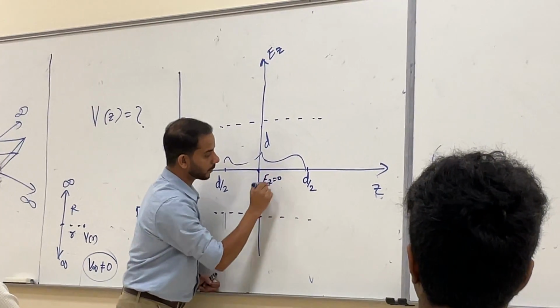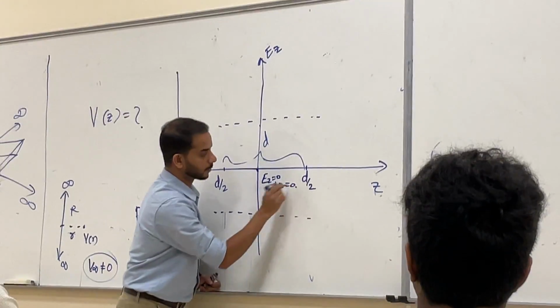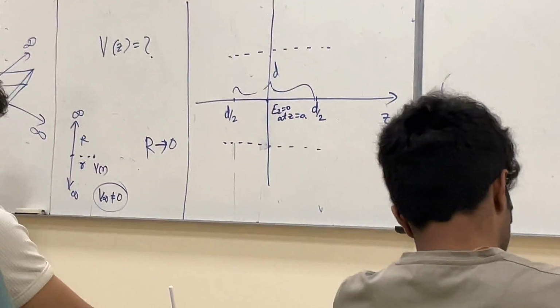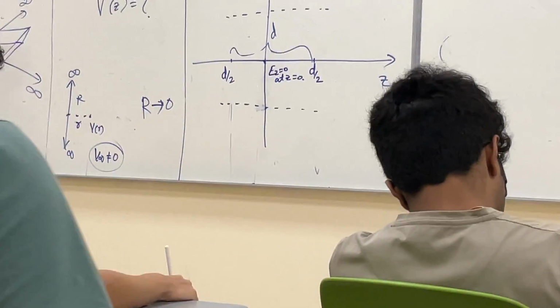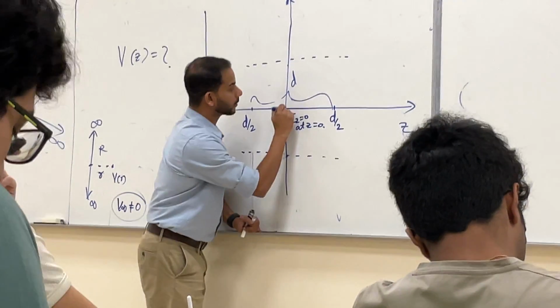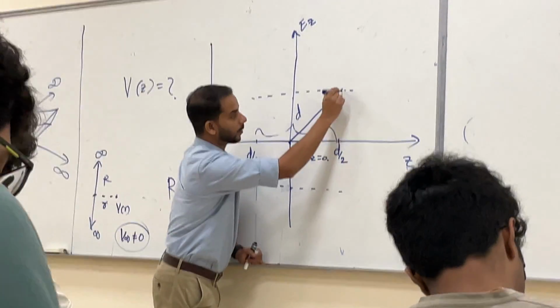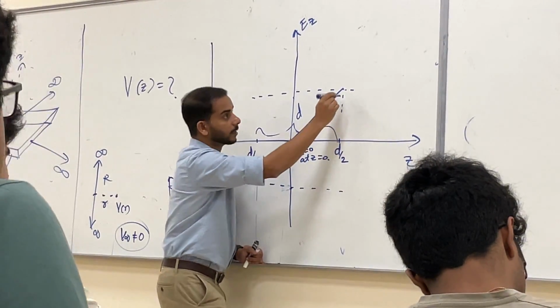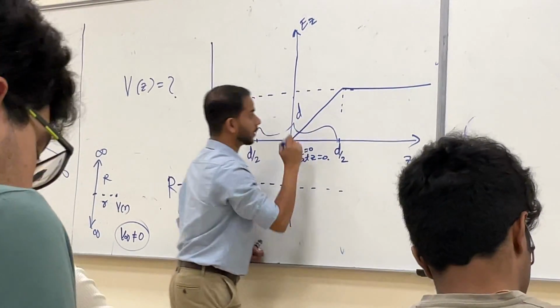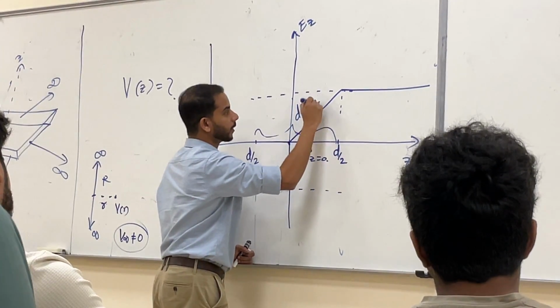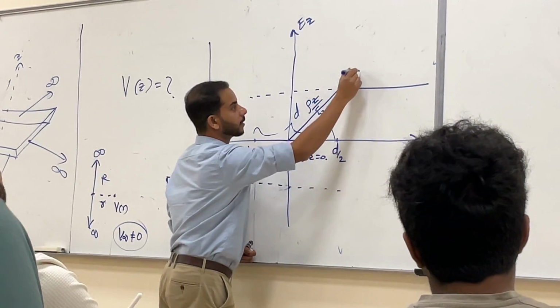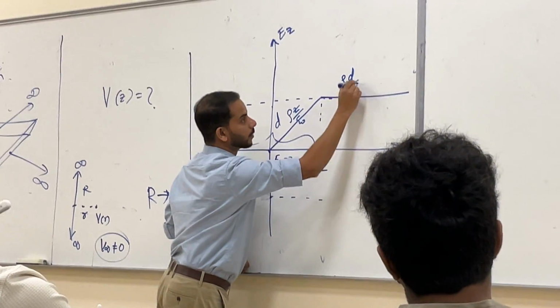Ez is equal to 0 at Z equal to 0, because the electric field equation is rho Z over epsilon 0, so it will be 0. And it goes linearly up to D by 2, then it goes as a constant. So here it will be rho Z by epsilon 0, and here you have rho D by 2 epsilon 0.